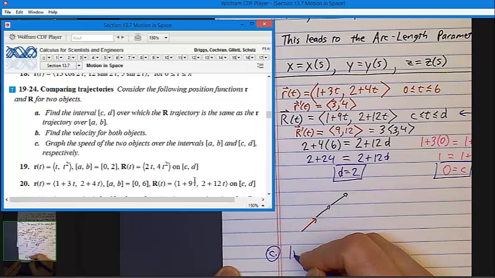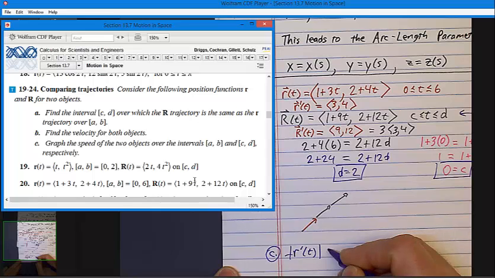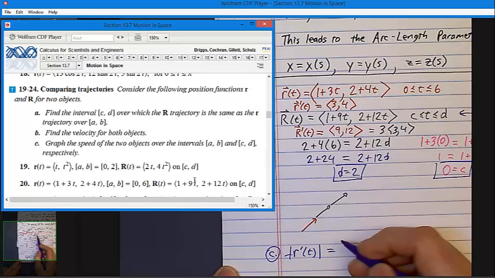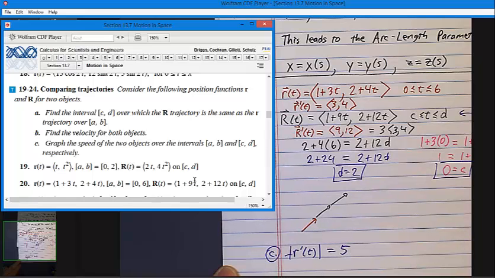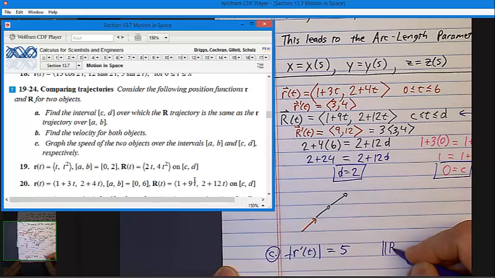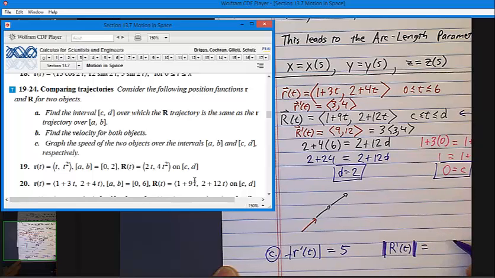Well, the speed of r of t would be given by the magnitude of r prime of t. And you could use the formula, but you're just going to get 5 because it's a 3, 4, 5 right triangle. And similarly, capital R prime of t, I guess would be what? 15, right? 9, 12, 15.